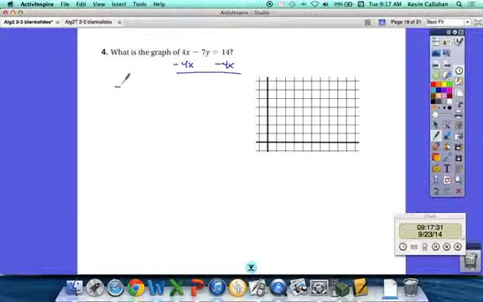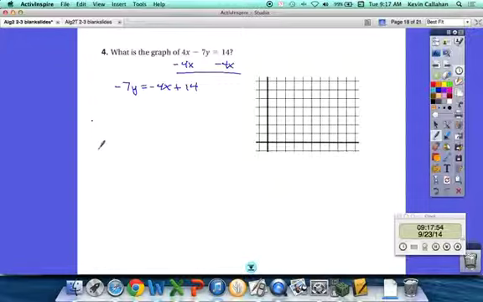So now we've got -7y equals -4x plus 14. Remember how we're dealing with this right-hand side. I'm putting the -4x first so that it looks like mx plus b. And I'm not trying to combine like terms. There are no like terms.